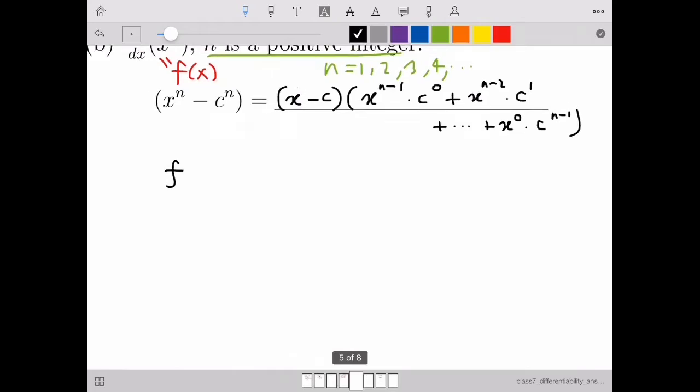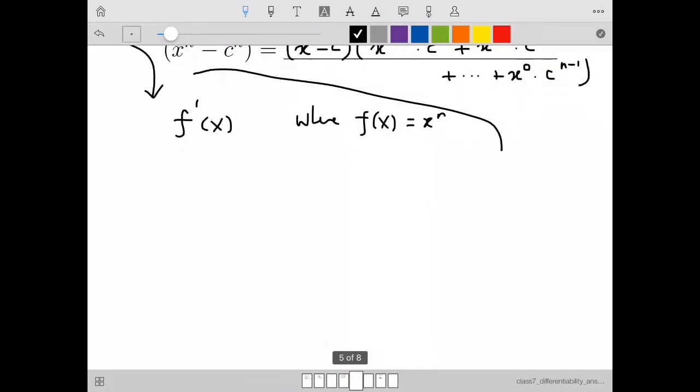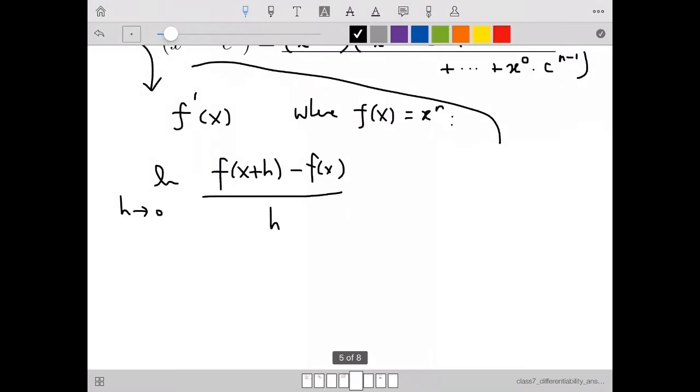So that is the derivative of the function at any x where f of x has the formula x to the n. That is the limit as h approaches 0 of f of x plus h minus f of x over h.